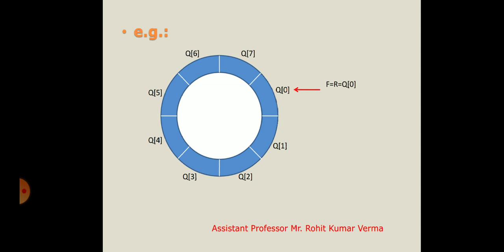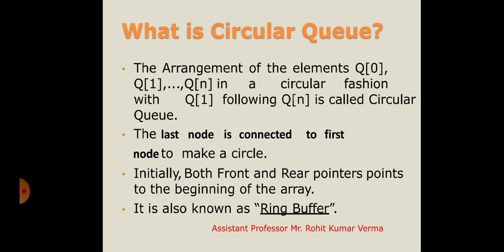Our last location, Q7, is connected to Q0 and forms a circle. That's why this queue is known as circular queue. I think this is clear to you. The last position is connected to the first position in a circular fashion, that's why it forms a circle.